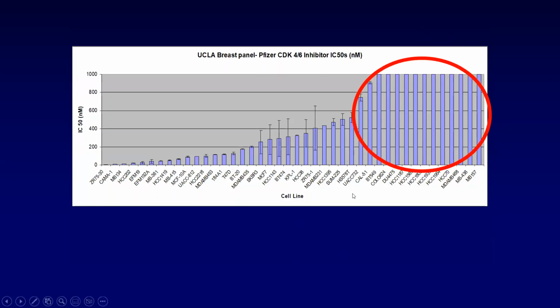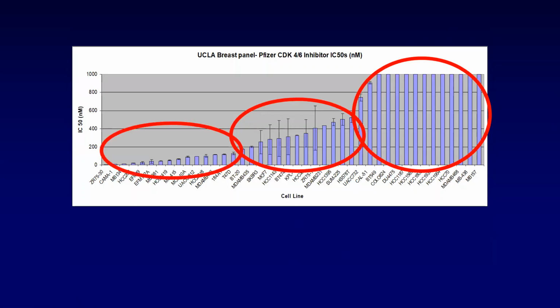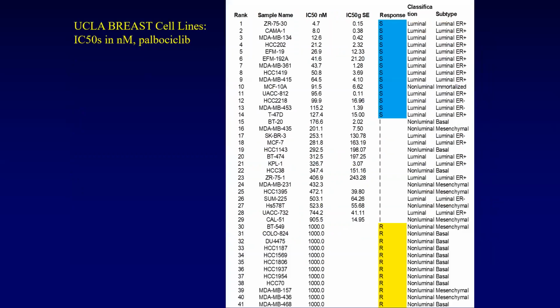They're very resistant to palbociclib, and there are some with intermediate sensitivity, and then on the far left are cell lines that are exquisitely sensitive. They die, they stop growing in the presence of palbociclib, and when he took a peek to figure out what cell lines are sensitive to it, it turned out they were all that luminal or hormonally driven breast cancer subtype.